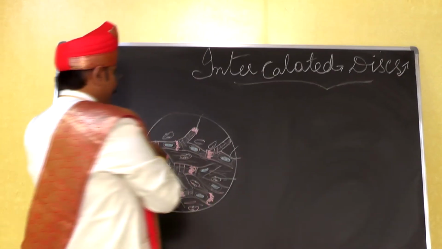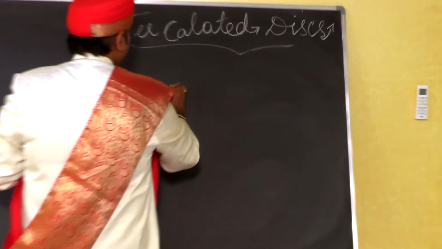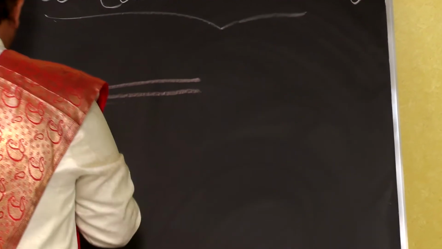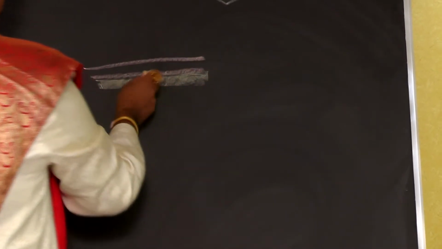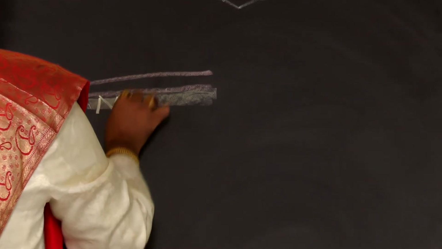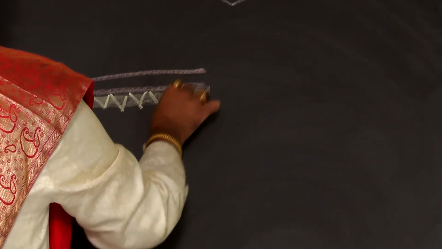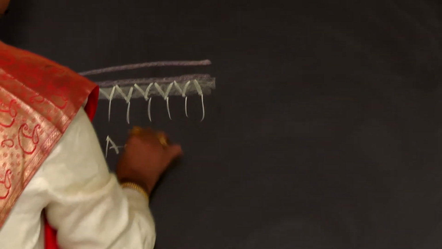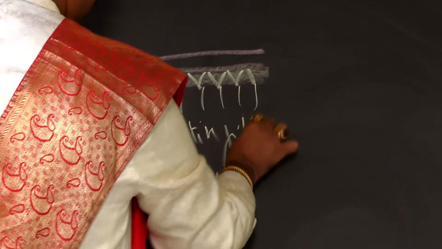Now please observe, here we have the cell membrane of one cardiac myocyte. Here we have the cell membrane of another cardiac myocyte. And here we have the cytoplasm. This is the dense cytoplasm of one cell, and these are the ends of the actin filaments.